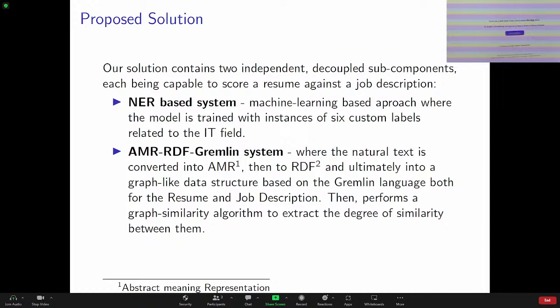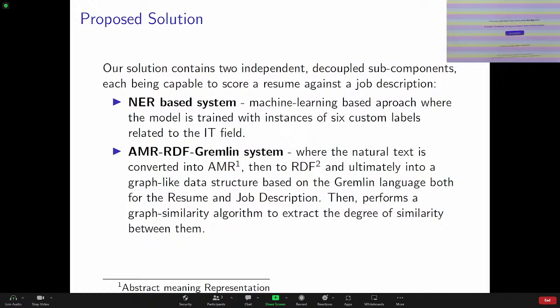So we have two subsystems, one NER-based subsystem. What does NER mean? NER means named entity recognition. This is a basic machine learning approach where we train a model to detect 6 custom labels related to the IT field.